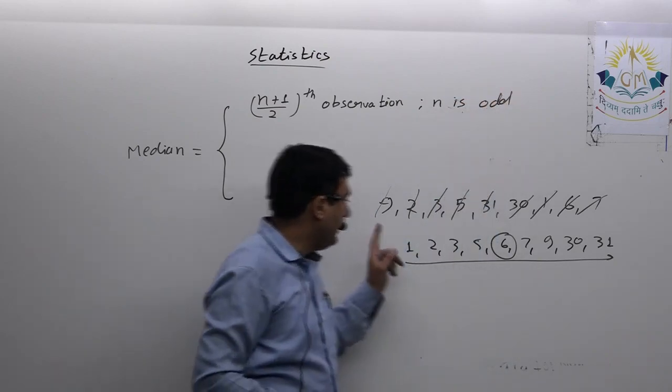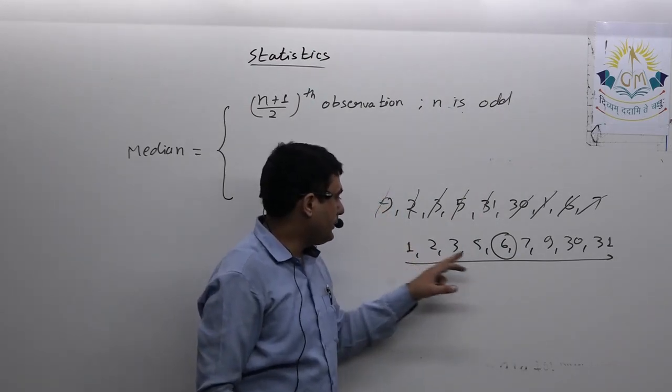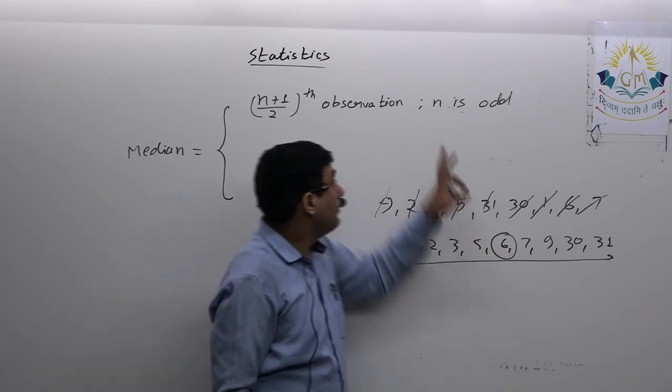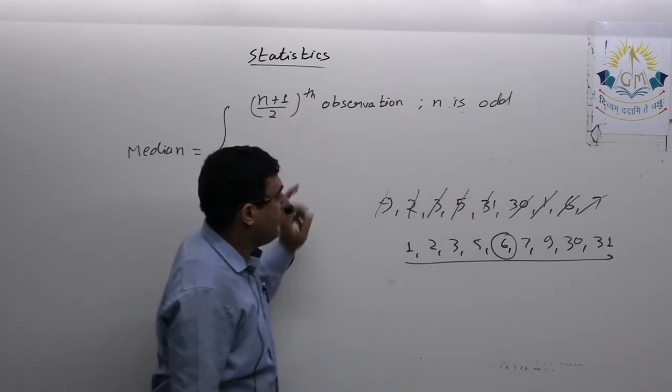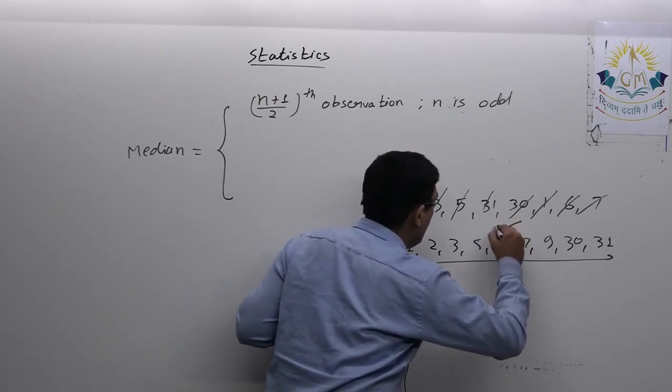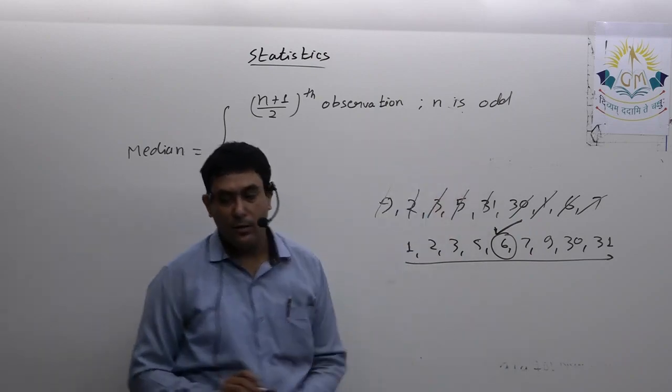For example, here n is odd. n means the number of observations. How many observations are there? 9. So 9 plus 1, that is 10. 10 by 2, that is 5. So the value of the fifth observation is the median in case n is odd.